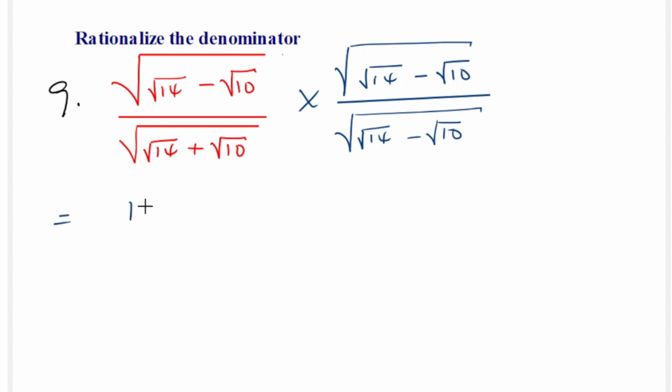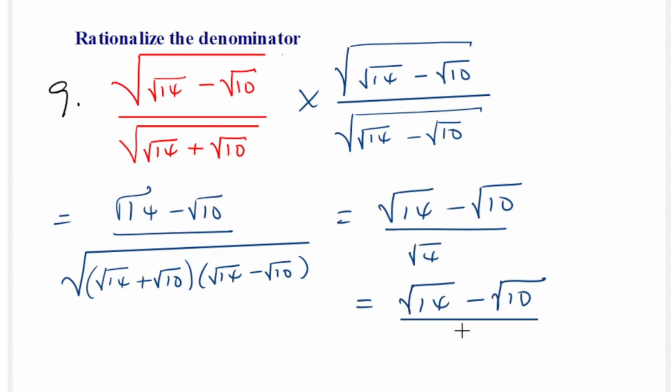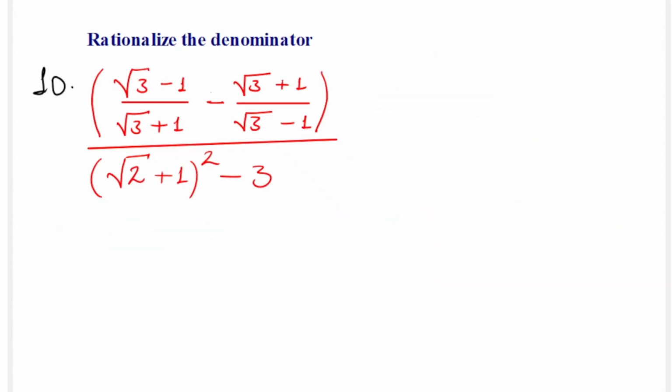You will get radical 14 minus radical 10, and the denominator is radical 14 plus radical 10 times radical 14 minus radical 10, we get 14 minus 10, which is equal to 4. So this is equal to radical 14 minus radical 10 over square root of 4. Square root of 4 is 2. This is the answer.